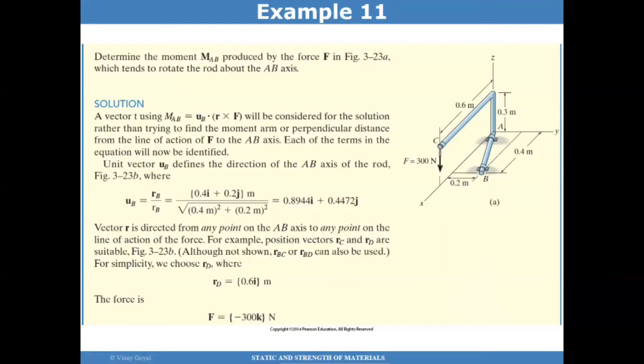So the position vector can be defined very quickly. You could define it as simply as RD equals 0.6 I hat. That will be the simplest choice to calculate the position vector to point C.